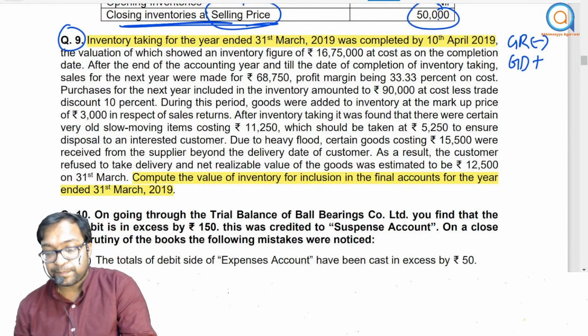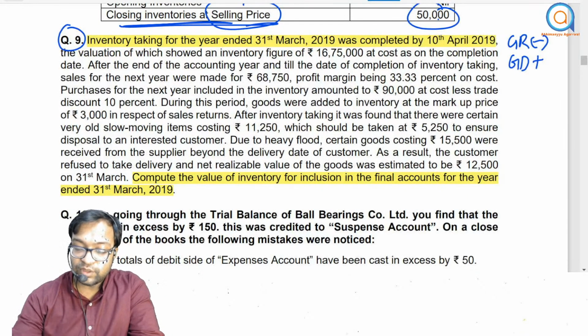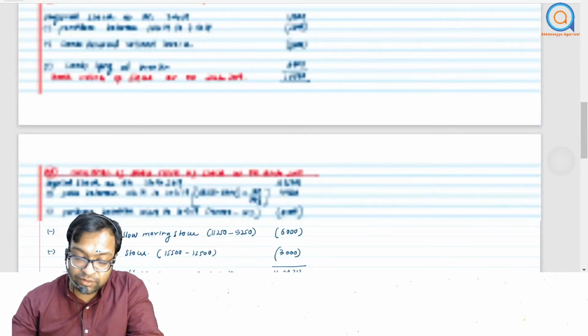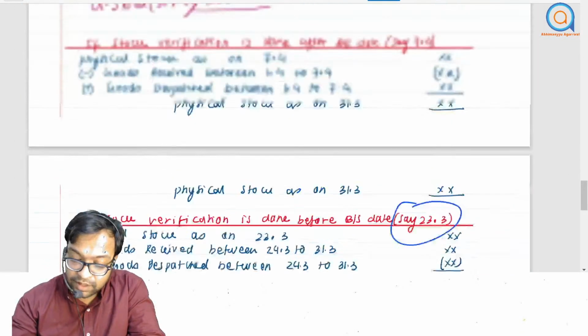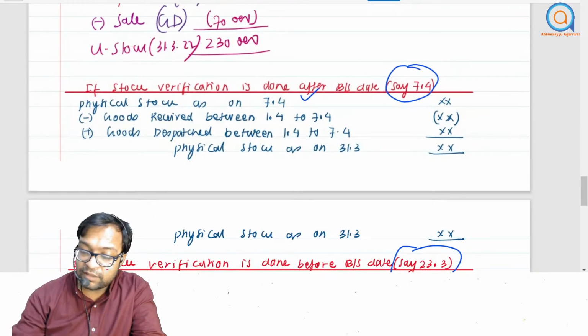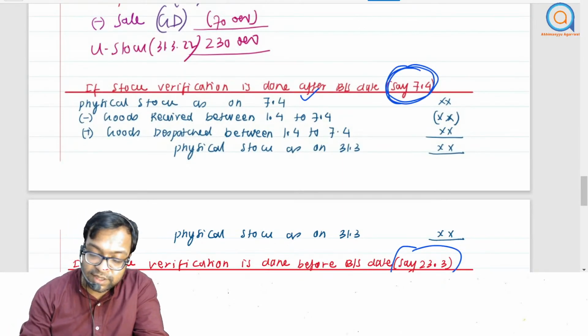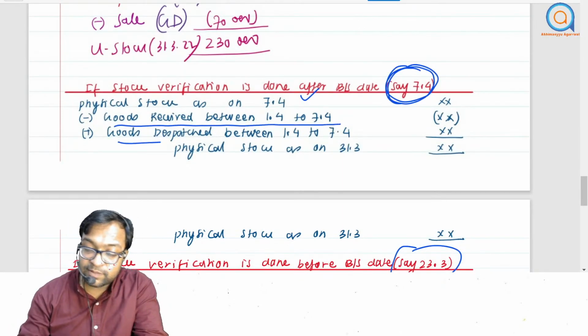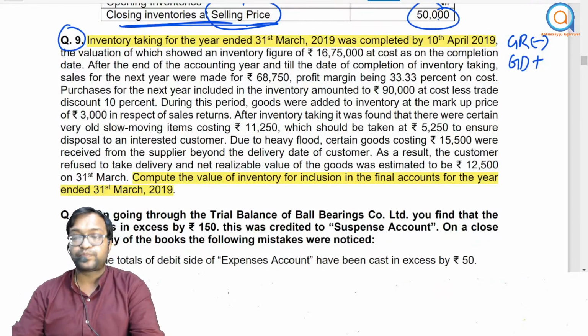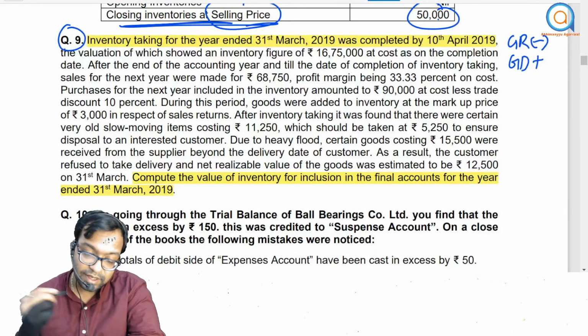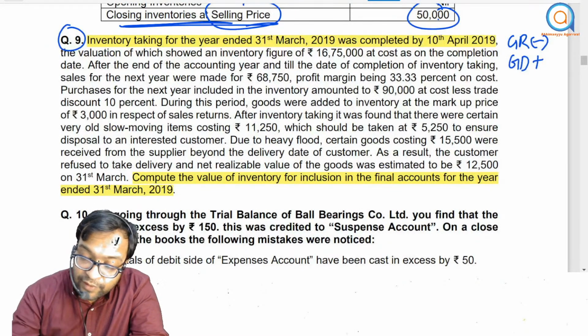Yes or no? This is what I have taught you a little while ago. If it is after the balance sheet date, goods received will be deducted, goods dispatched will be added. Correct?